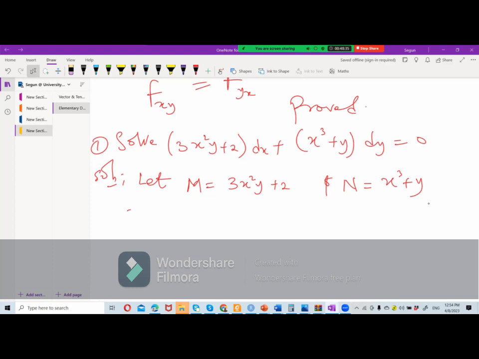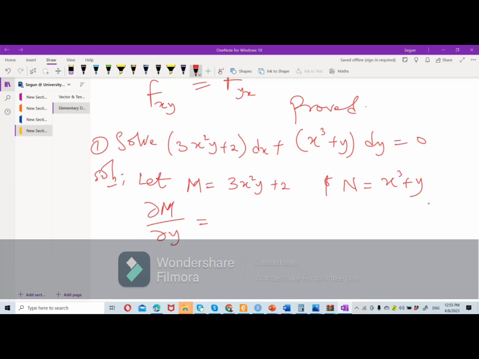So for us to do this, the M, remember you have x and y, you have to use partial derivatives. We have the partial of M with respect to y.